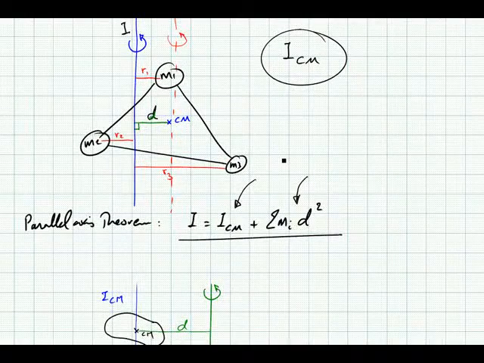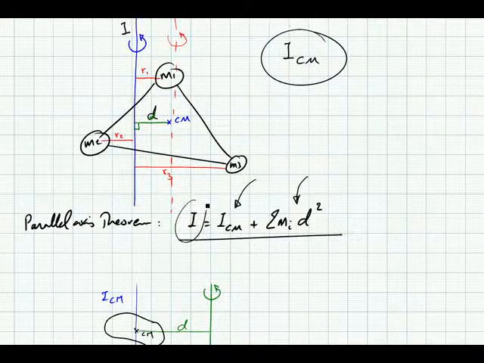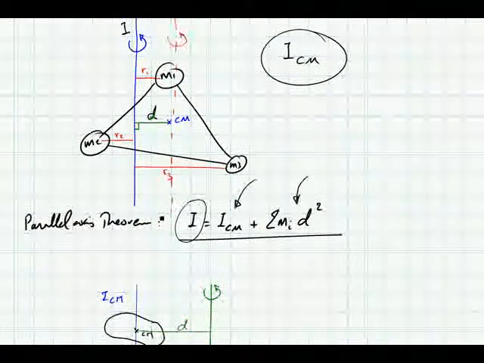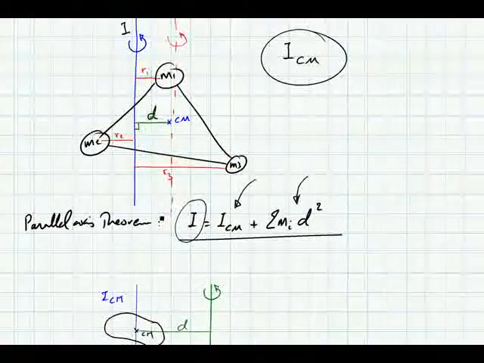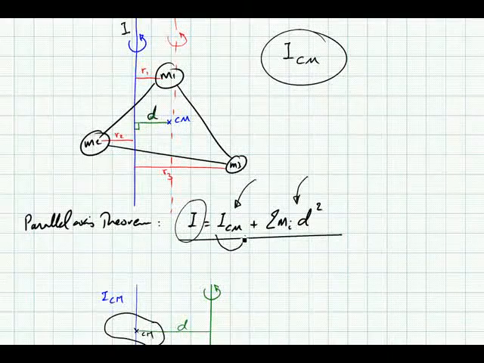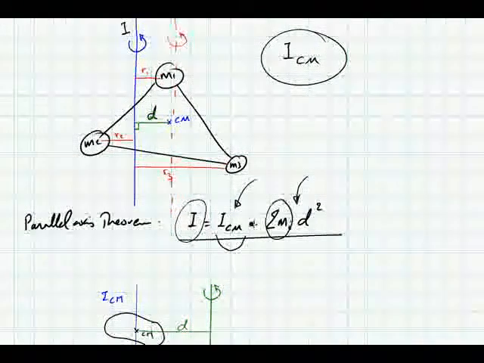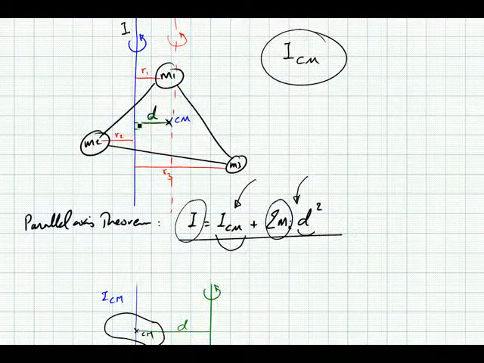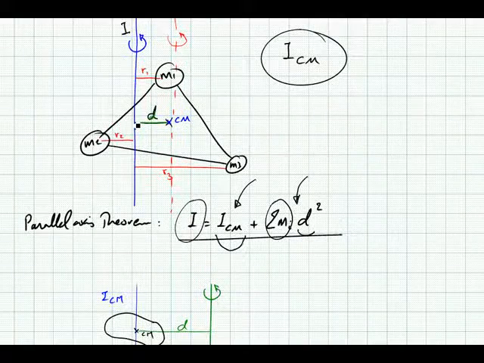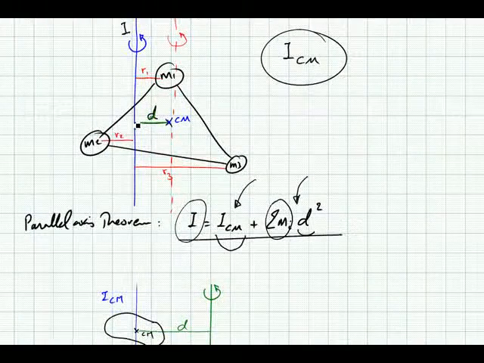Anyways, I was saying the parallel axis theorem states that the moment of inertia through an axis which is parallel to one that passes through the center of mass is equal to the moment of inertia of the object through the axis that passes through the center of mass plus the sum of the masses times d squared, where d is the perpendicular distance from the center of mass to the rotation axis of interest.